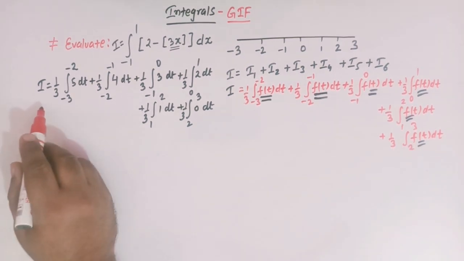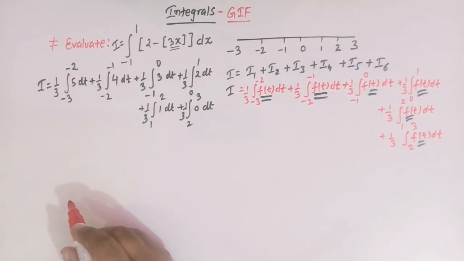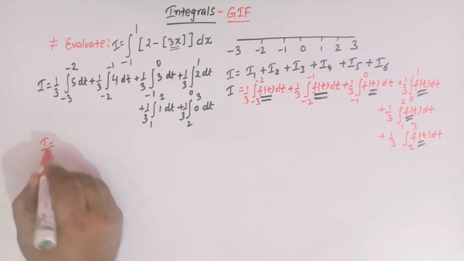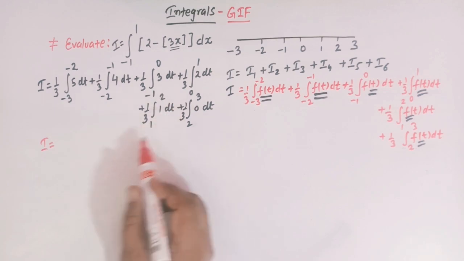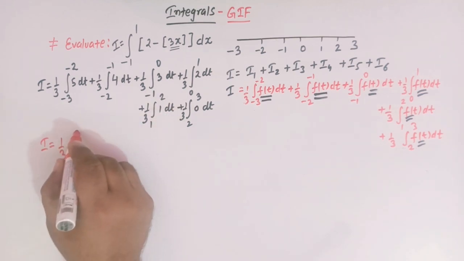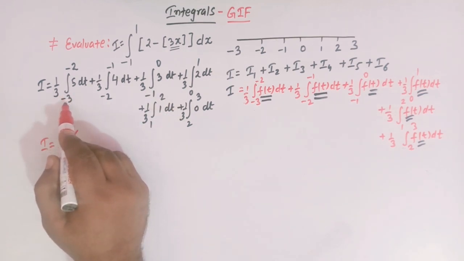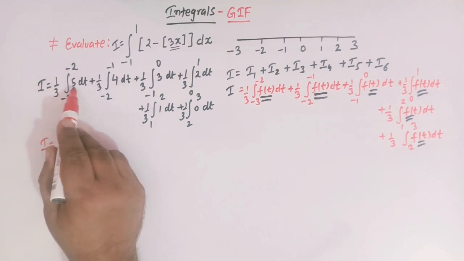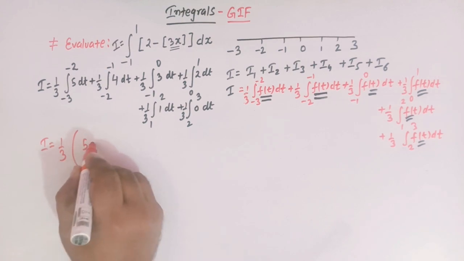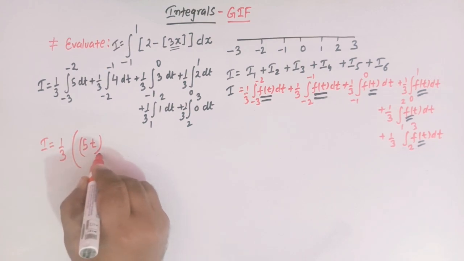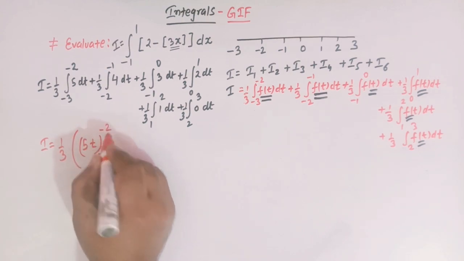Now we have simple integrals to solve. We take the factor 1 over 3 outside, and then the first integral is from -3 to -2 of 5 dt, which we can write as 5t with limits from -3 to -2.